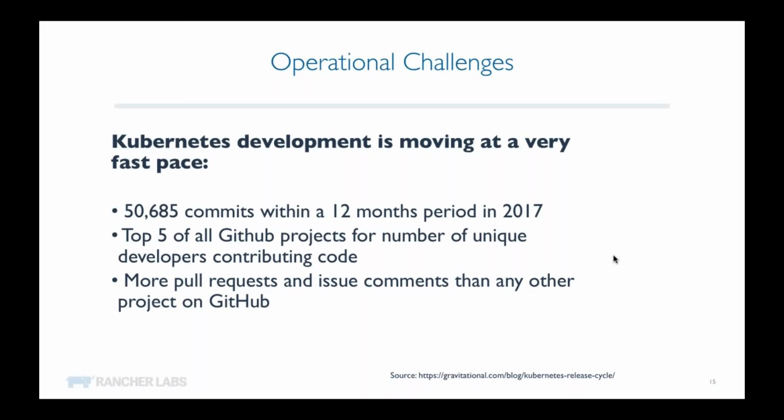If you look at some of the stats for Kubernetes on GitHub, we had over 50,000 commits in a 12-month period. Kubernetes is actually one of the top 5 projects with regards to the number of developers and contributors, and we see more pull requests and issue comments than any other project on GitHub, which is really pretty amazing.